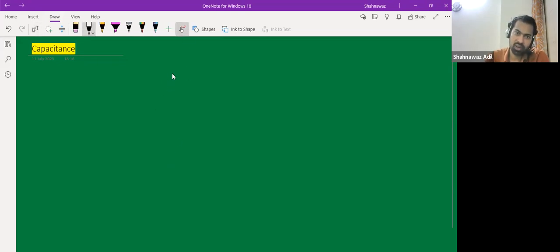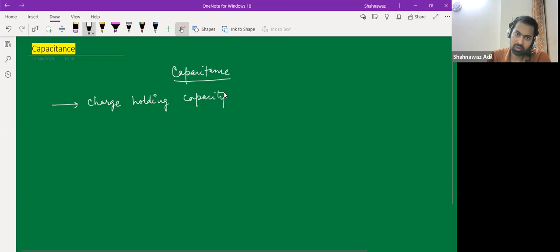Okay, so what is capacitance? It is the charge holding capacity of a conductor. How much charge a conductor can hold is called the capacitance.